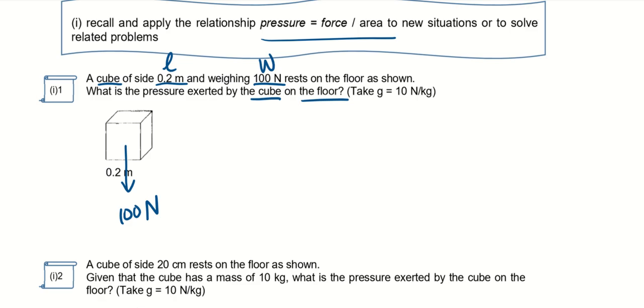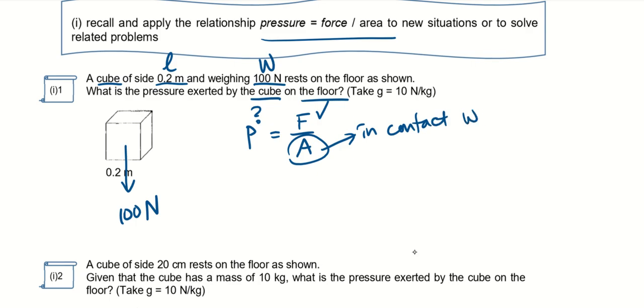So the formula: pressure equals force over area. Since we have weight, which is a force, we have this component already. We are supposed to find pressure, so now we need to find the area that is in contact with the floor. We substitute force as 100.